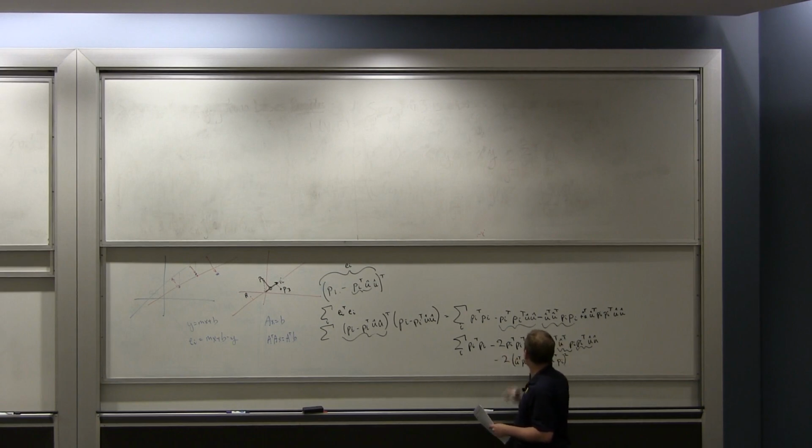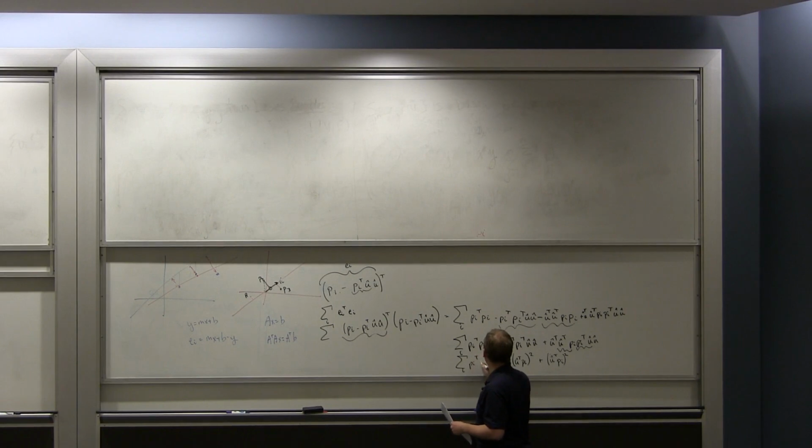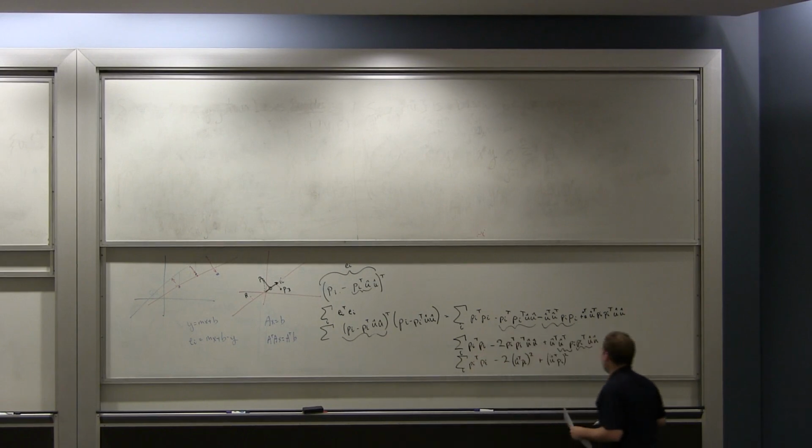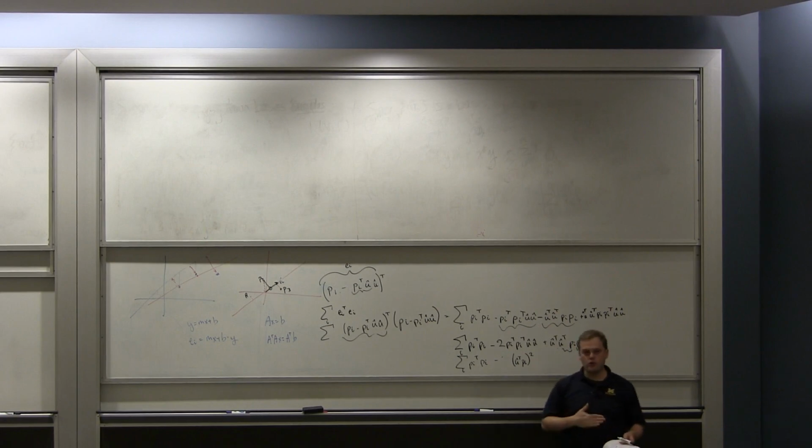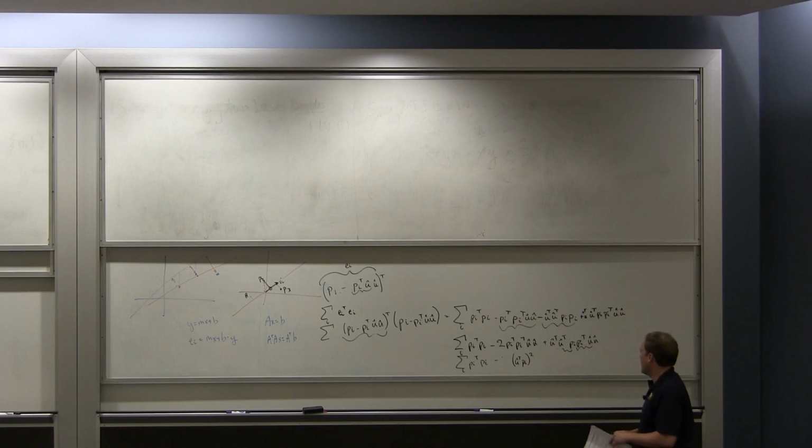And we have minus 2 here, p_i^T u u^T p_i. And of course, I can combine these terms. So I've got minus 2 of them here and plus 1 of them here. So let's just make it minus 1 of them over here. All right. Whew. I'm feeling a lot better. Thank you.